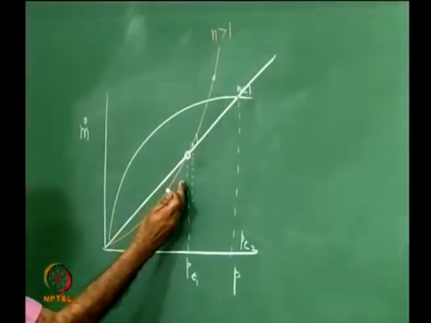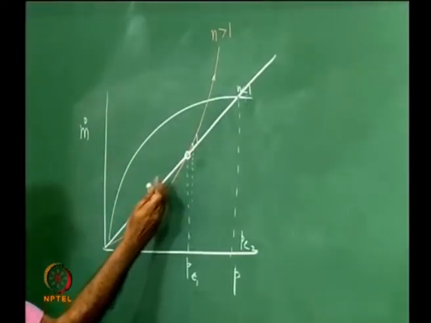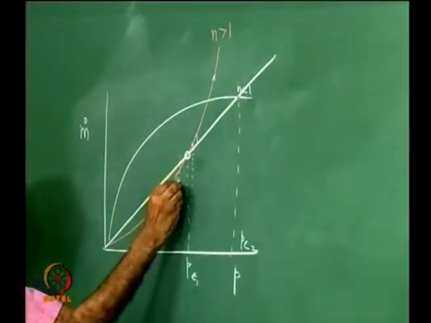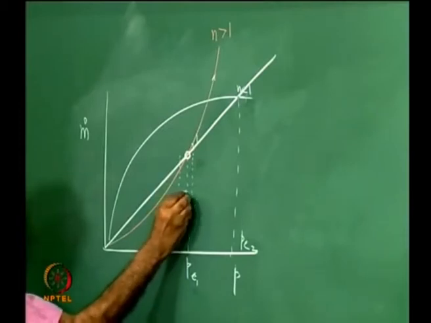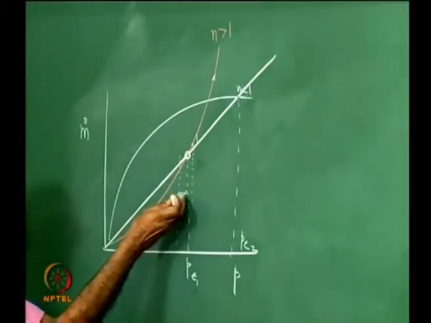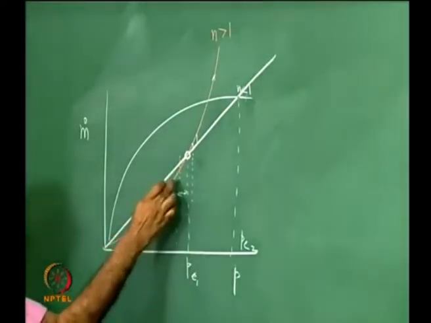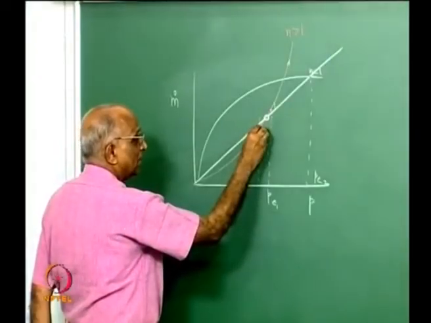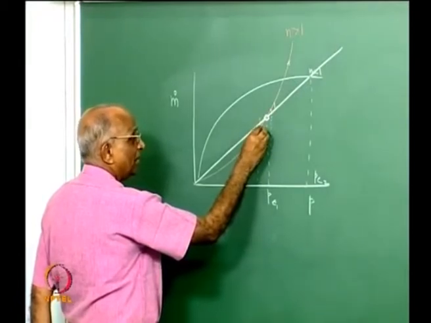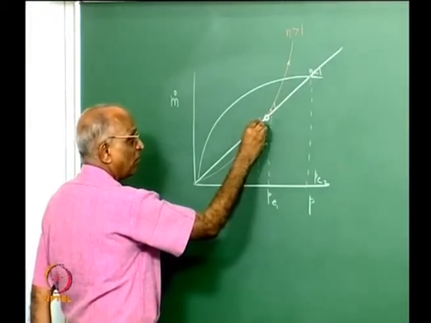If I now consider the points to the left of the equilibrium point, let me say that maybe by some chance there is a small pressure perturbation and the pressure in the motor falls to a value less than the equilibrium pressure PE1, then what happens? The mass generation rate is lower than the mass which is flowing through the nozzle.